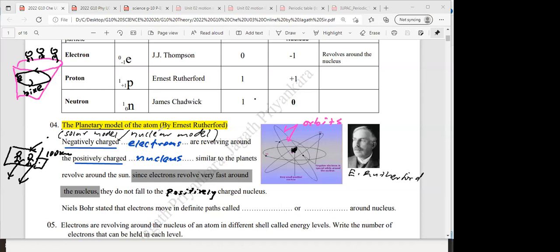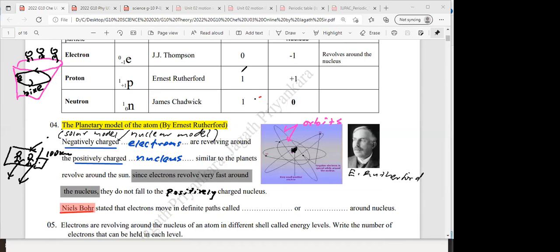Remember that. Later, after Rutherford, there was another scientist who supported Rutherford's idea. Please highlight this scientist, Niels Bohr. He further explained the Rutherford model. Electrons are not just revolving like planets in orbits.